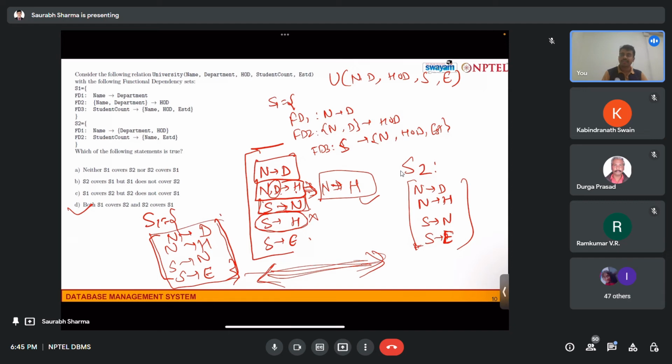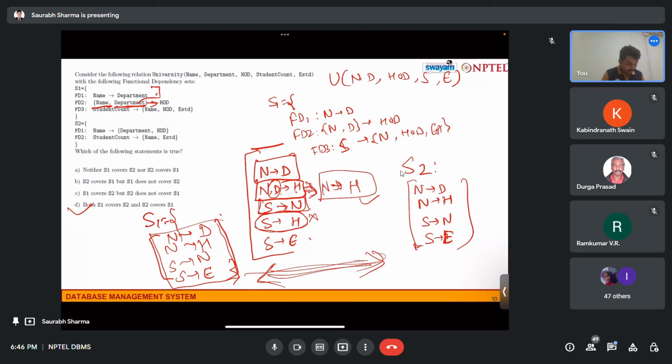Extraneous attribute means if we eliminate that attribute, there will be no effect on the closure. Like in this case, in name department, name is deriving the department from functional dependency one, so there is no need of department here. Name individually can determine the HOD.